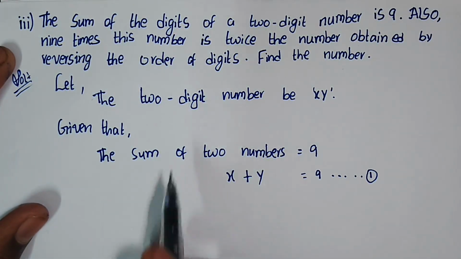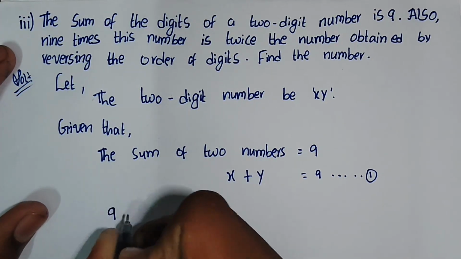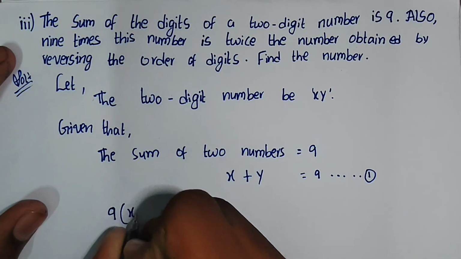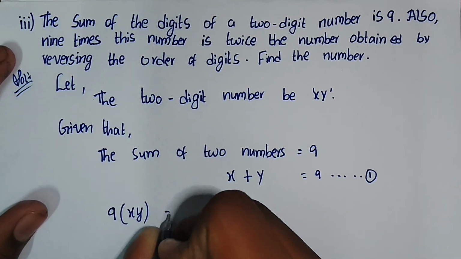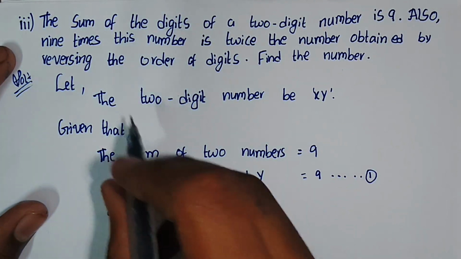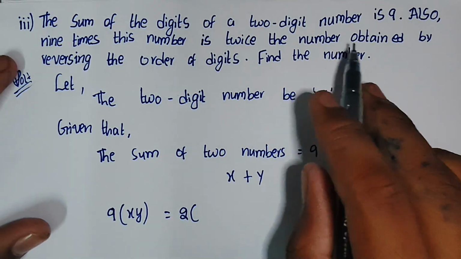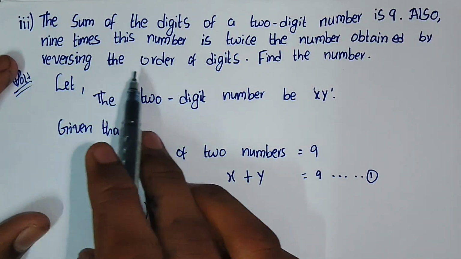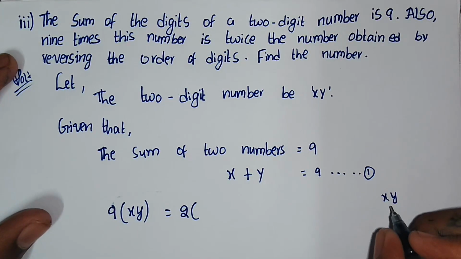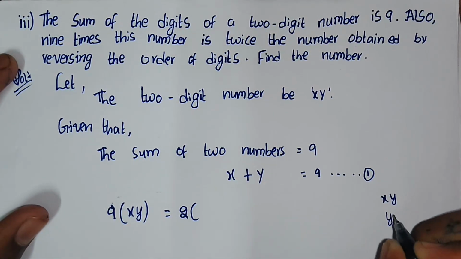So here I am writing that 9 times this number means 9 into the number xy, is equal to twice the number obtained by reversing the order of digits. Reversing the order of digits of xy, it becomes yx.